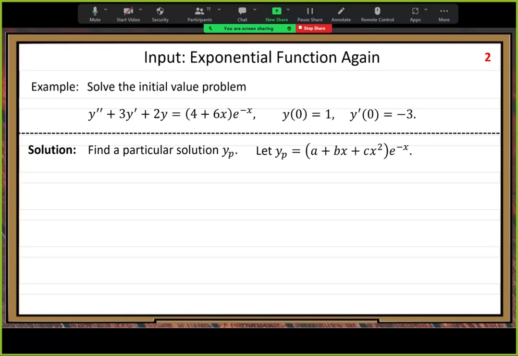Because here there is a double prime, the degree should be 2, corresponding to the double prime. So we should set 3 undetermined coefficients, not just 1.